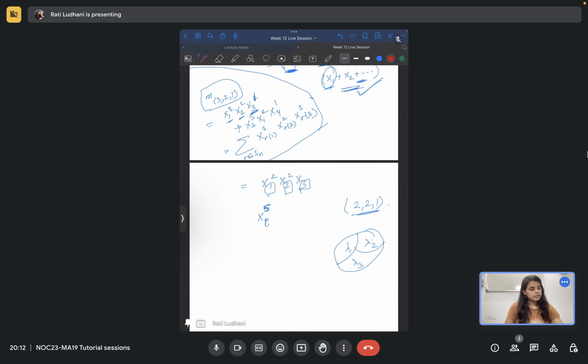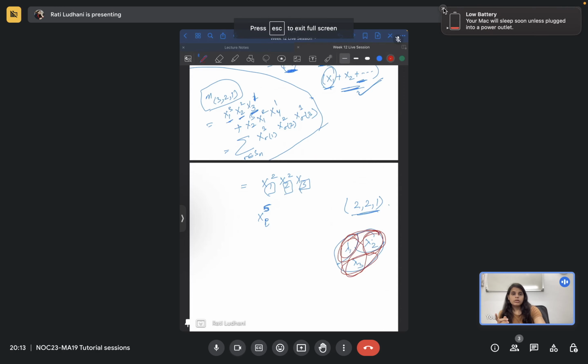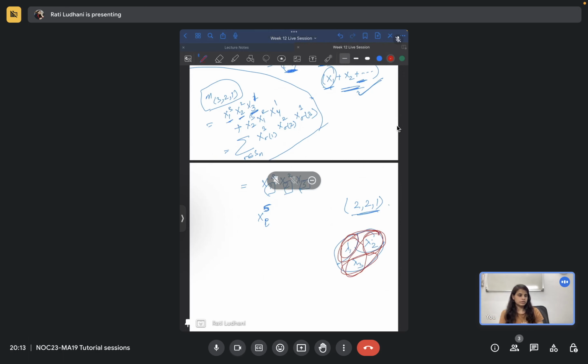Now what can happen: two can be together and one separated, or the other two together and one separated, or lambda 1 separated. You can have all the possible options, clubbing of any of them. There's also the possibility that all three are in the same block. If, for example, this is the case, you can have xi raised to power 5, and the partition is just 5.